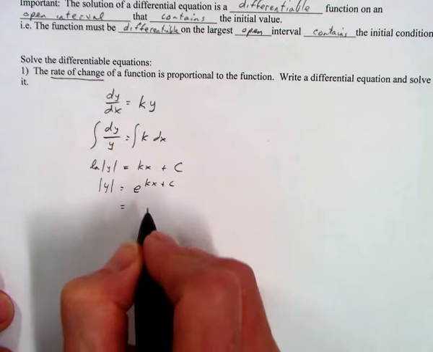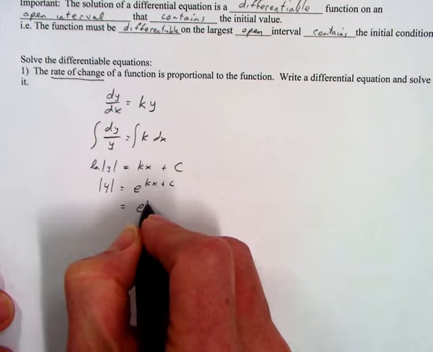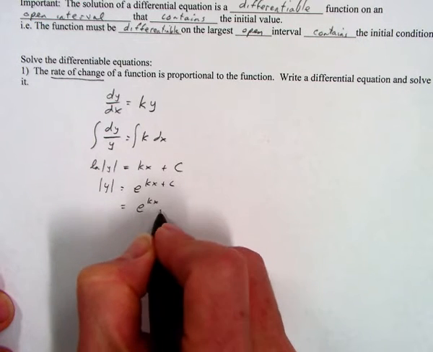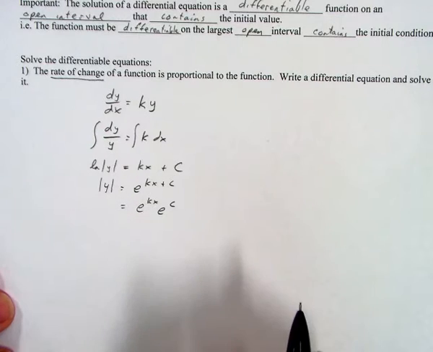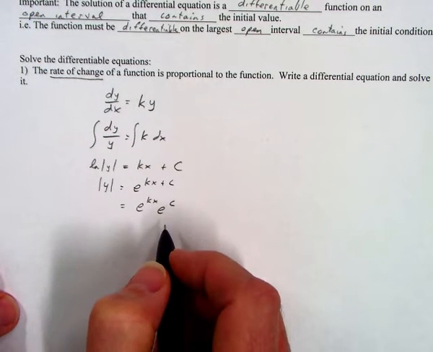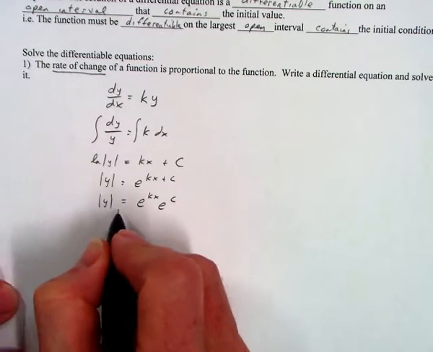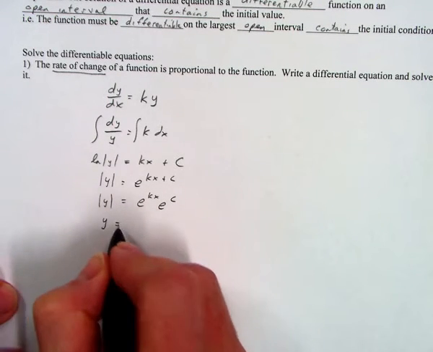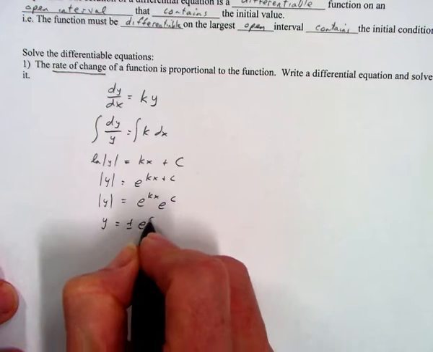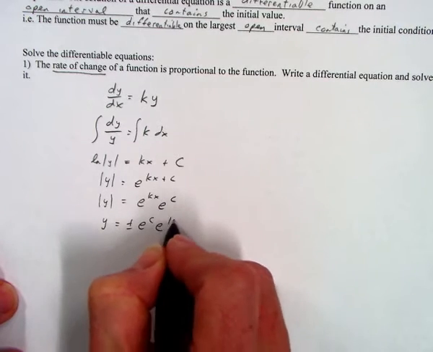We can rewrite that as e to the kx times e to the c using our exponent rules. We're just going backwards from what we normally do. And now we get rid of the absolute value. We have y equals plus or minus e to the c, moving that in the front, times e to the kx.